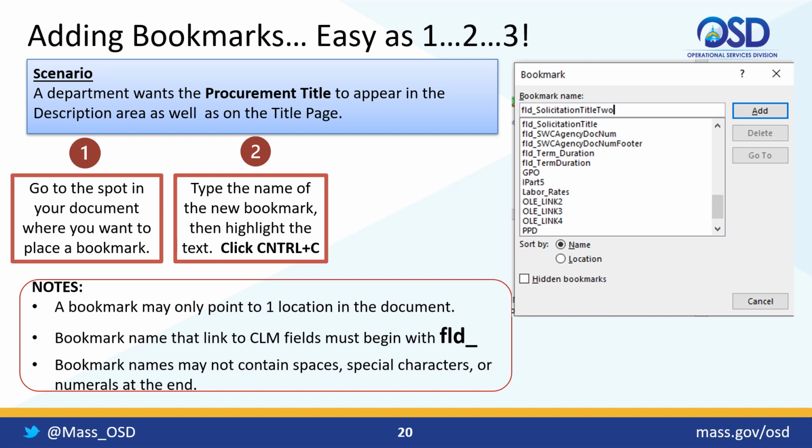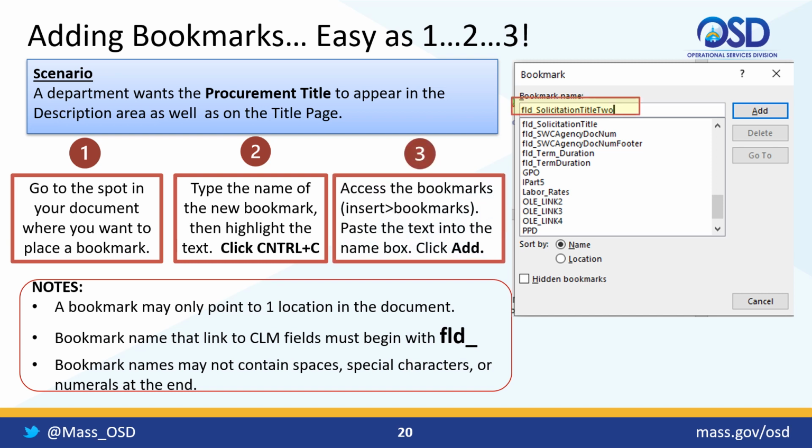In the example, we've typed FLD_solicitation_title_2, that's two. Now, highlight the text you just typed into the document. Click Ctrl+C to copy the text. For the last step, access the bookmarks like we just did.